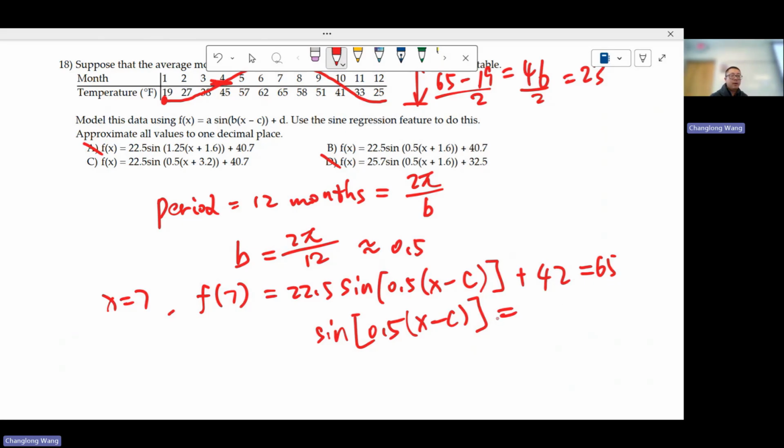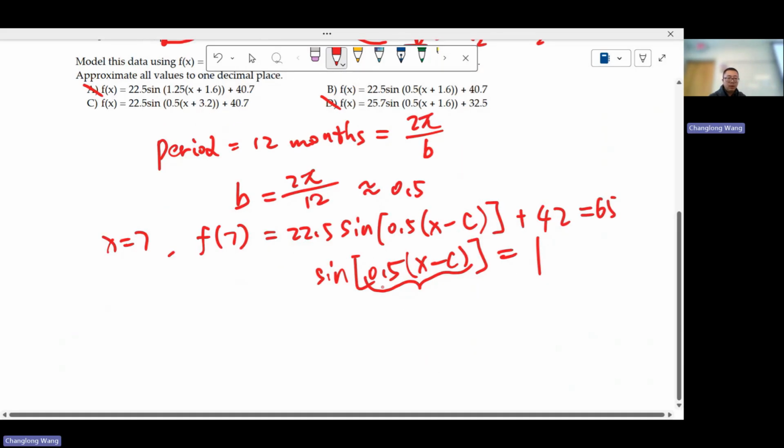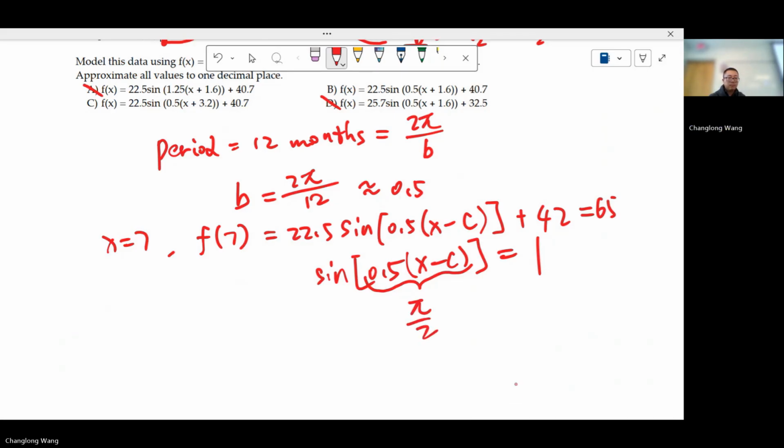If you remember back in February 3rd, we say that if this is going to peak at x equal to 7, it will only happen when the sine function reaches the maximum, which must be at 1. And how do you think the sine is going to reach the maximum? The angle here, which is the input for the sine, must be exactly pi over 2.